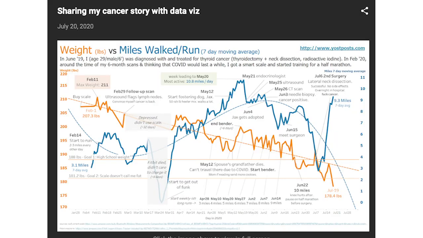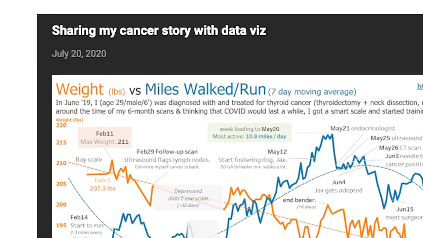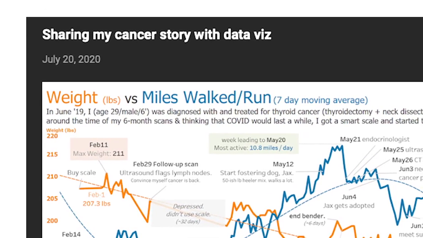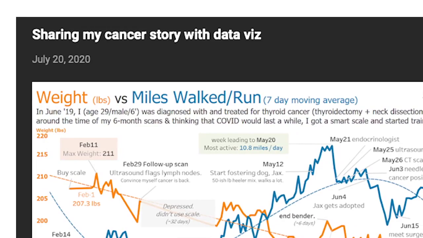As you might recall, these examples were also featured in a reading, so feel free to go back and check them out yourself. Your portfolio is a chance to show people who you are, what you're interested in, and what's important to you. Here's an example portfolio. Right away, we can tell how personal this is from the title, Sharing My Cancer Story with DataViz.